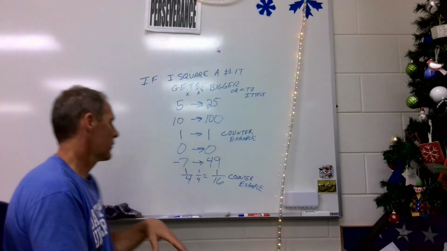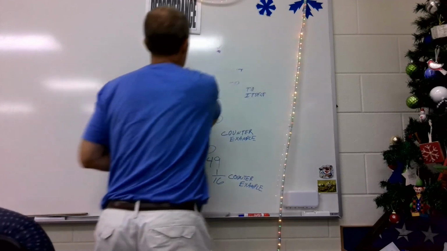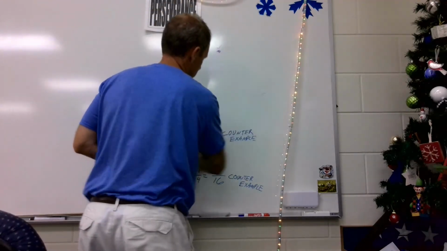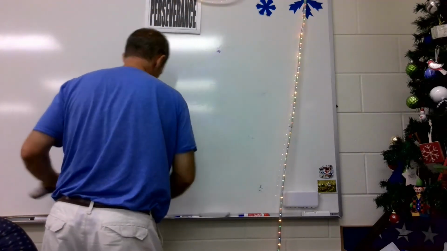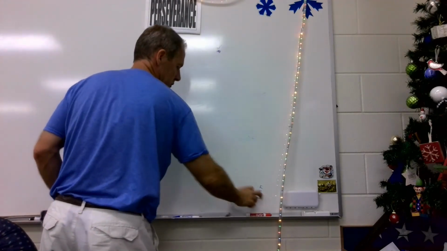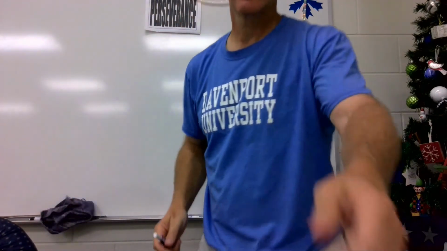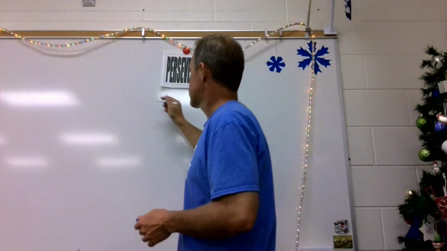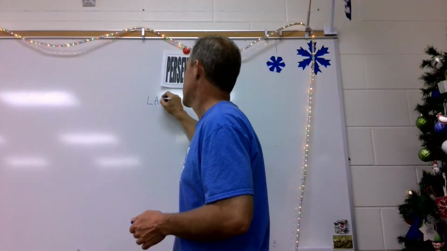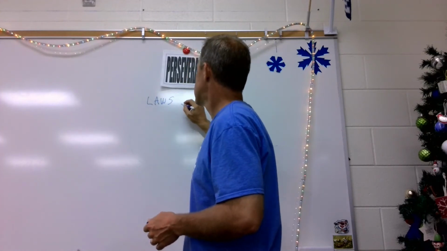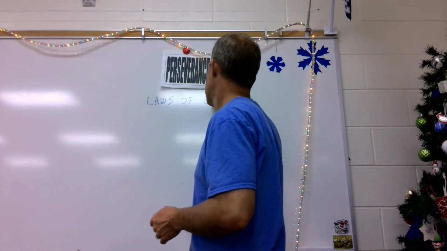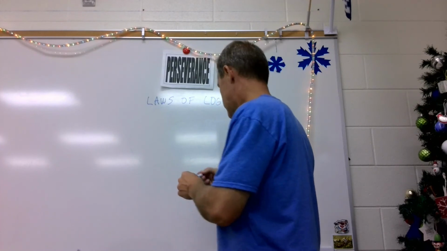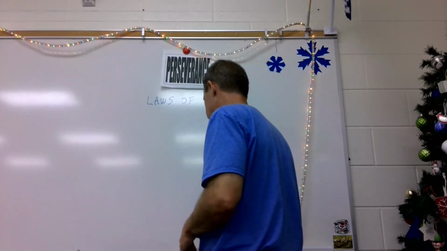So the last thing right now in this section, I think that blue is showing up okay for you. I'll pop this back a little bit so you can see here. This is called laws of logic. There are 2 main laws of logic.